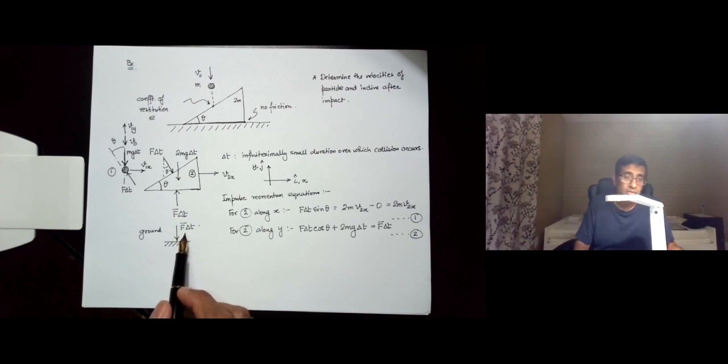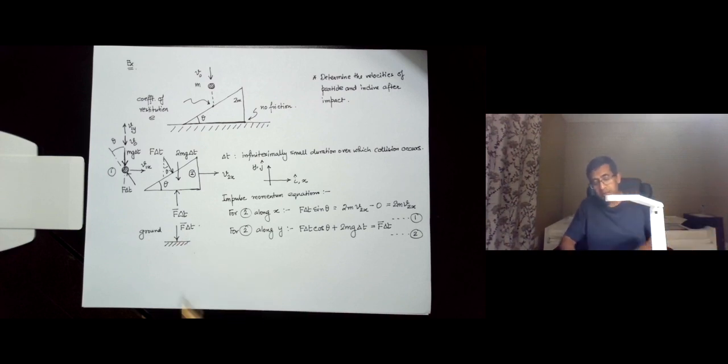And the answer is no. F bar times delta t is a non-zero quantity. However, it is applying on a surface that has infinite inertia, and so all that impulse is just going to be absorbed by the inertia without any noticeable change in momentum.